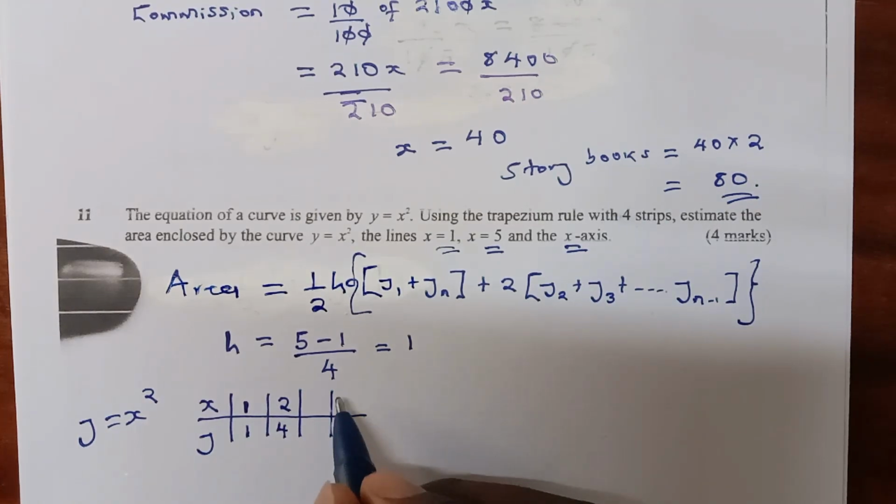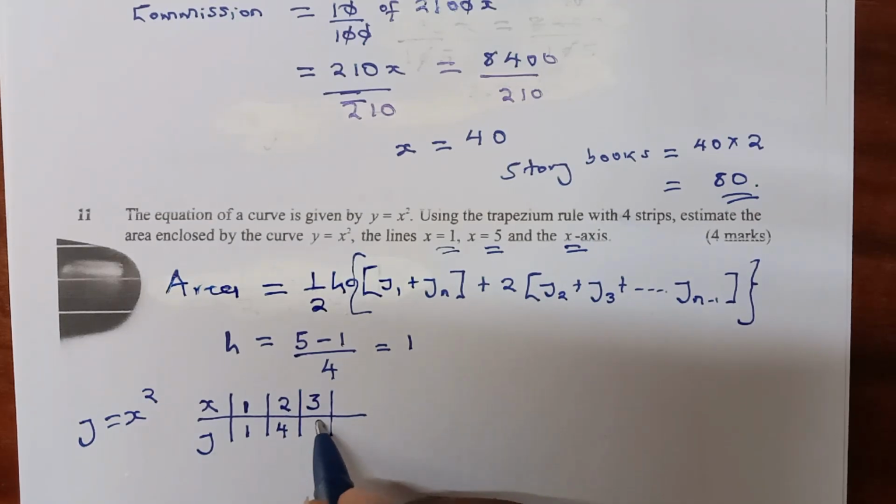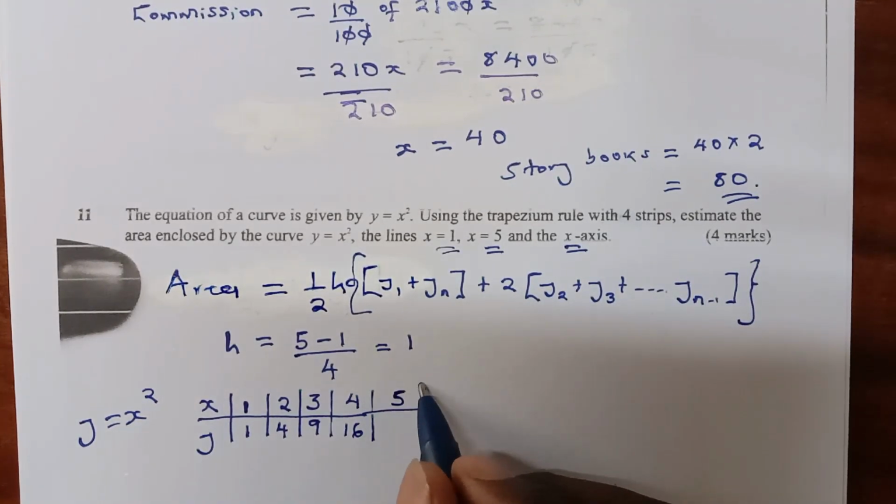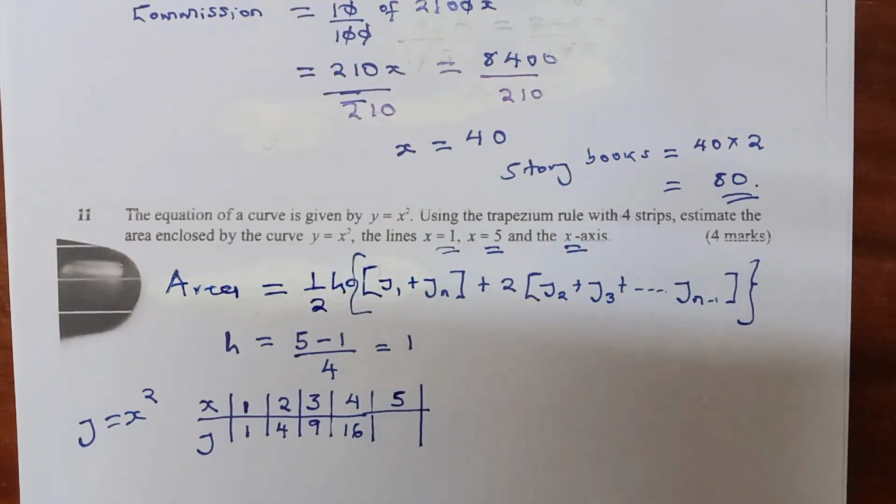When x equals 3, y is 9. When x equals 4, y equals 16. And when x equals 5, where we end up, the value of y is 25.